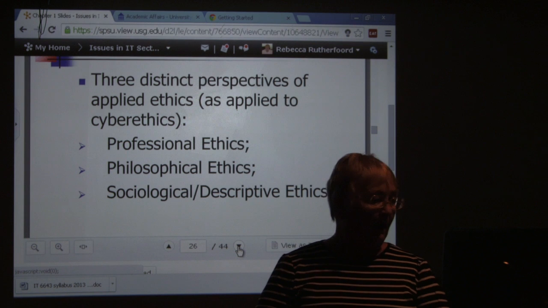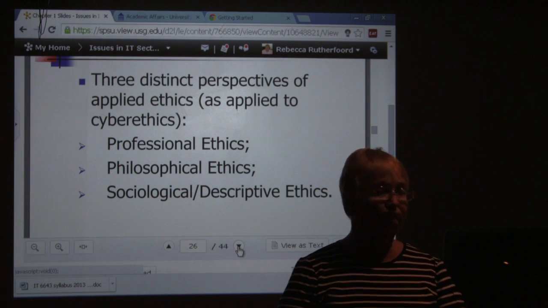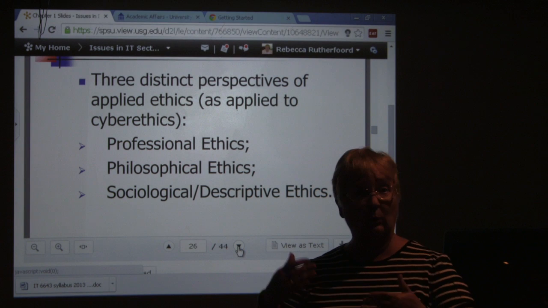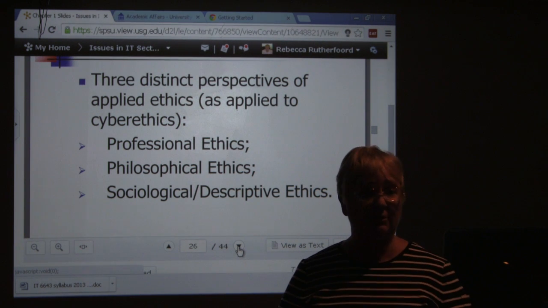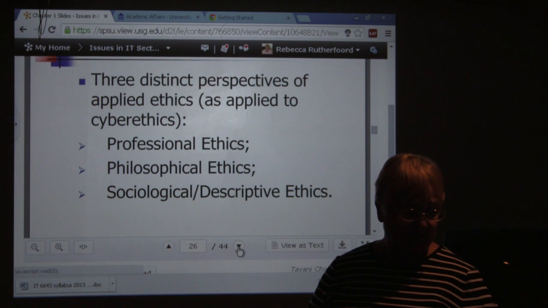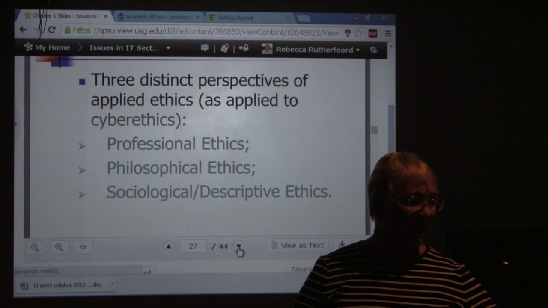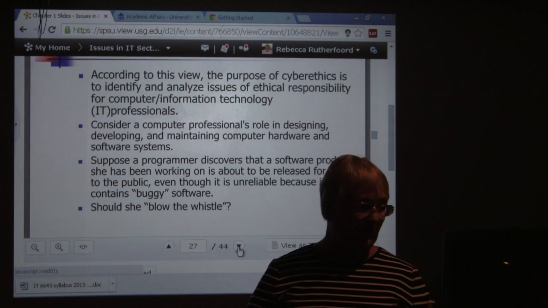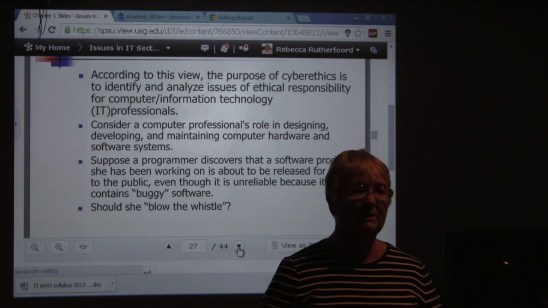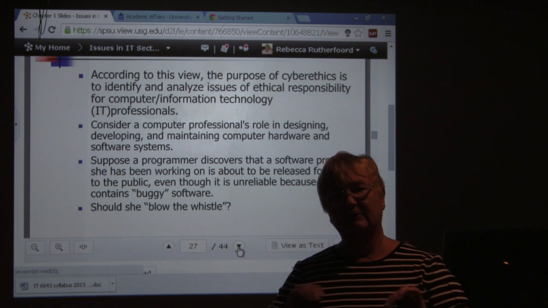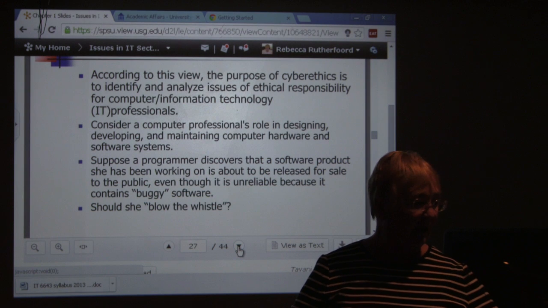The three distinct perspectives, or the ways we can look at applied ethics, are first of all professional ethics, philosophical ethics, and then social, or what we call descriptive ethics. When we look at those areas, you'll see that they have a slightly different viewpoint. And that's what we want to look at.